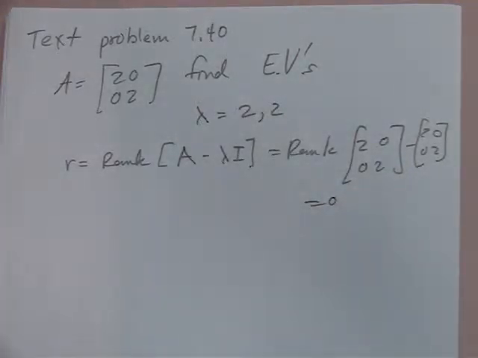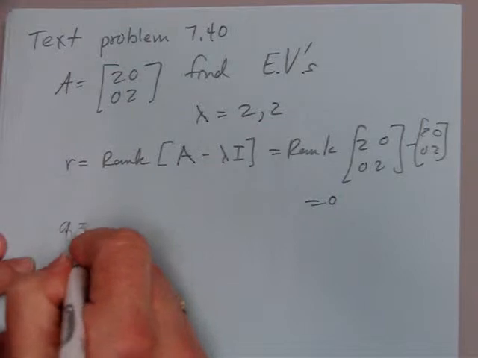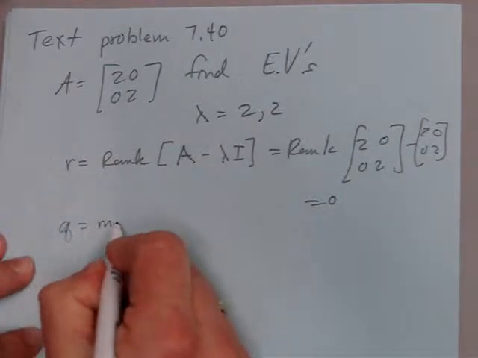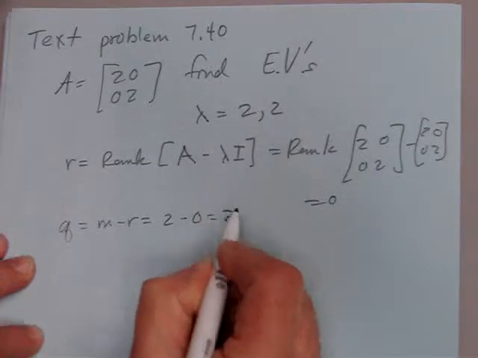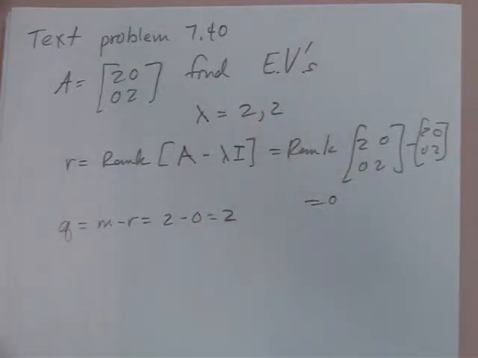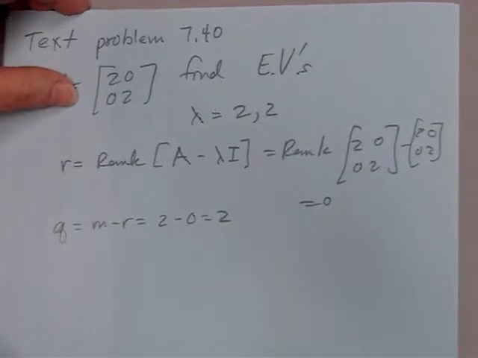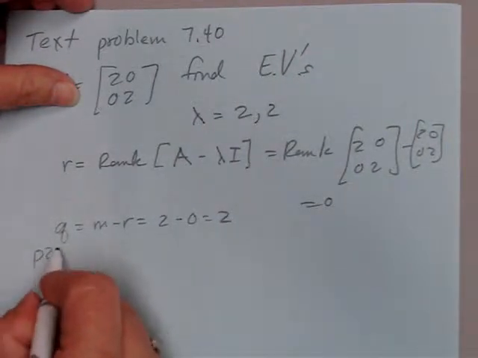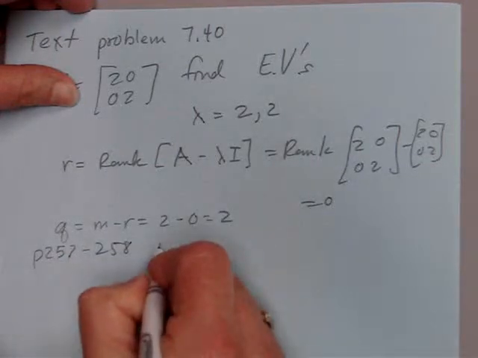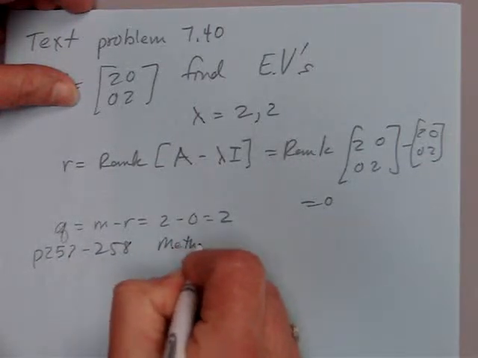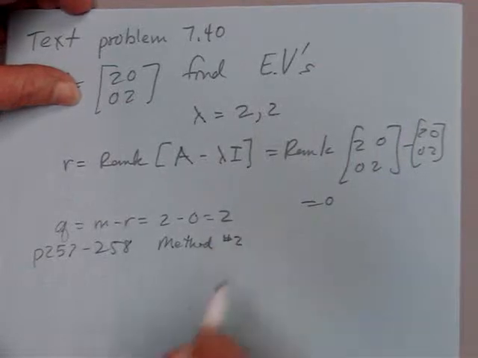And so when we're calculating our Q, we see that M minus R is 2 minus 0, which is 2. So we need 2 eigenvectors. Now let's look at the method of the textbook, page 257, 258. Method number 2 is probably the clearest one for doing this problem.